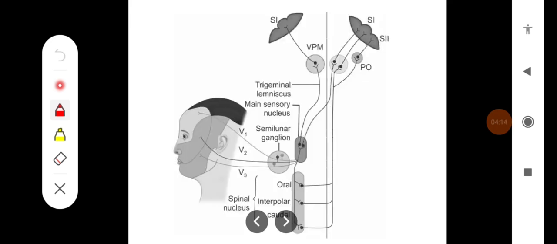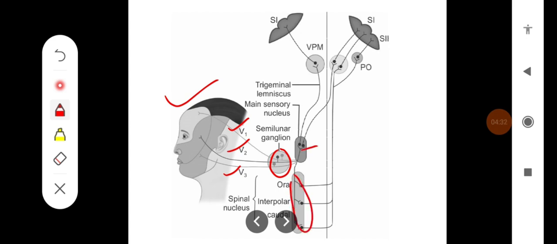So this is a diagram showing the trigeminal pathway. All the subdivisions V1, V2, V3, they go to the semilunar ganglion or trigeminal ganglion. Then they go to the main sensory nucleus and the spinal nucleus.